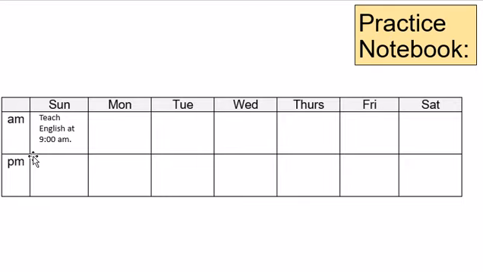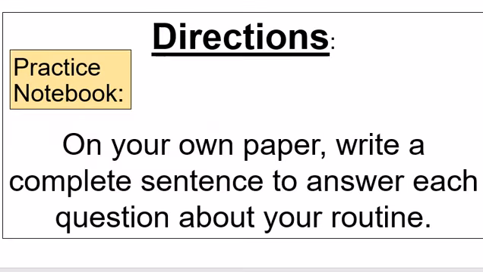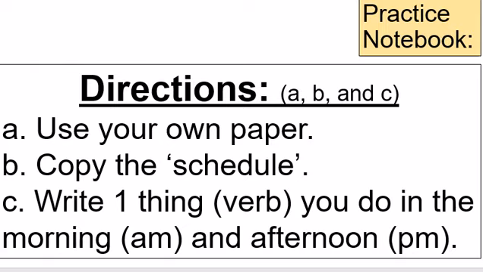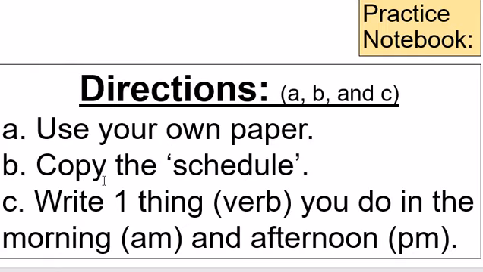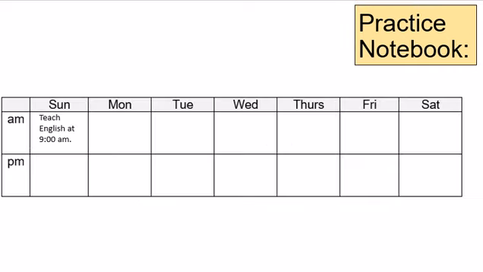You will write a complete sentence on the table. Copy the schedule, write one verb that you do in the morning and in the afternoon. Okay, so write in your schedule something that you do on different days of the week. You can repeat if you want.